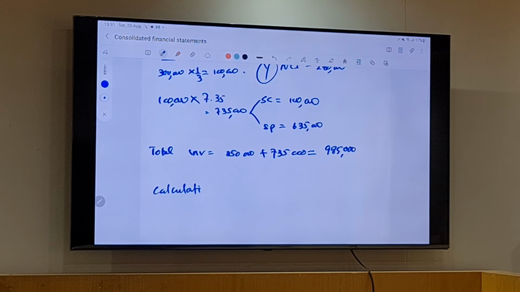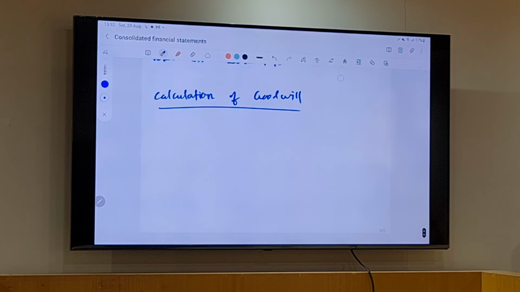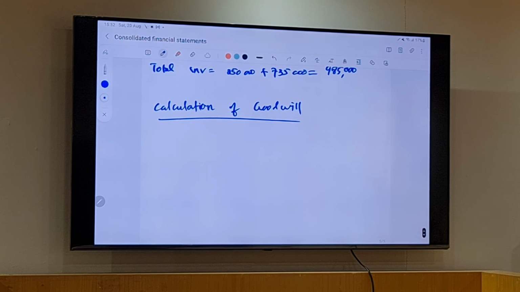The book value is 100, so the fair value difference is 60. Now calculation, first step. First working: calculation of goodwill.